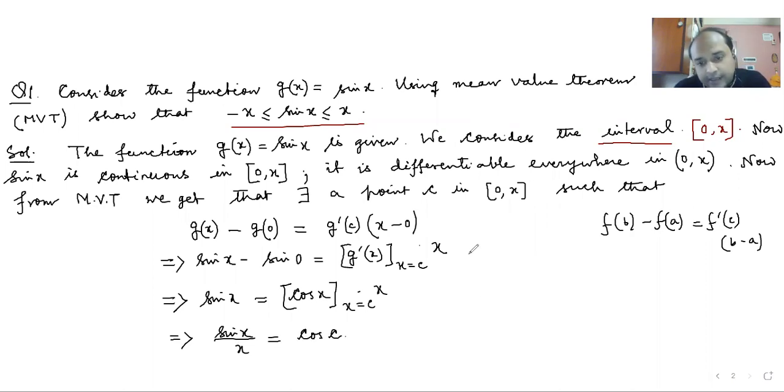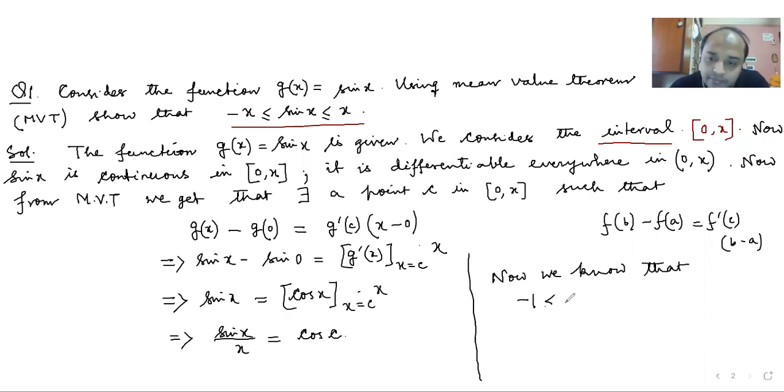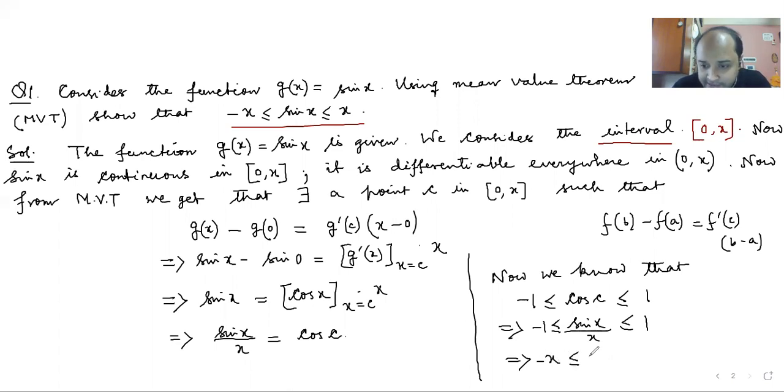Now we know that cos c lies between minus 1 and plus 1, and therefore sin x by x lies between minus 1 and plus 1. This implies minus x is less than or equal to sin x, which is less than or equal to plus x, which proves our desired result.